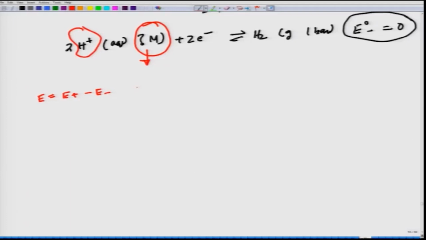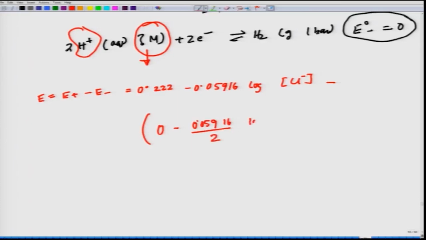Then it is 0.222, which is on the silver chloride side, minus 0.05916 log of Cl minus, minus, here it is 0 minus 0.05916 divided by 2 log.